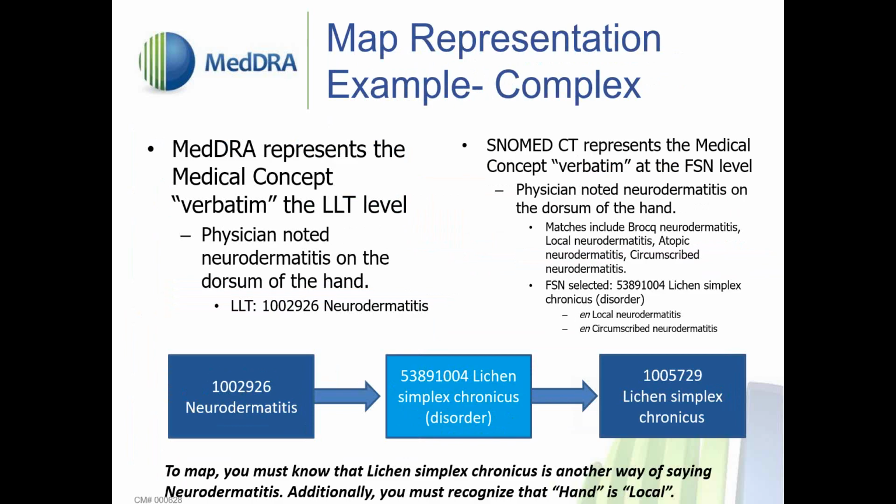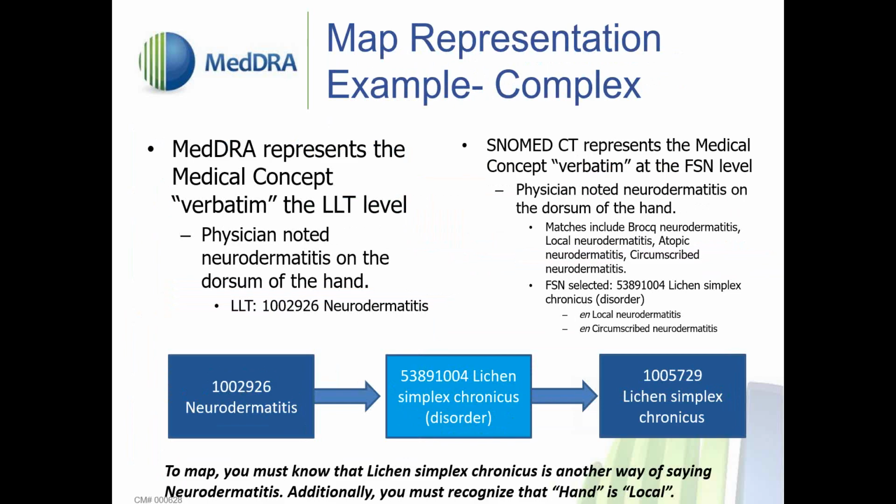Now, this is a more complex example demonstrating the need to understand not only the terminology construct, but also the medical concepts that are being described. On the left-hand side, the physician noted neurodermatitis on the dorsum of the hand, and this would be represented in a MedDRA-coded data set as neurodermatitis. The same concept represented in a SNOMED CT data set would have a variety of options to choose from.